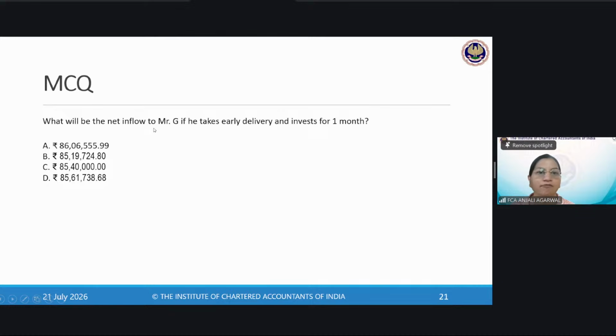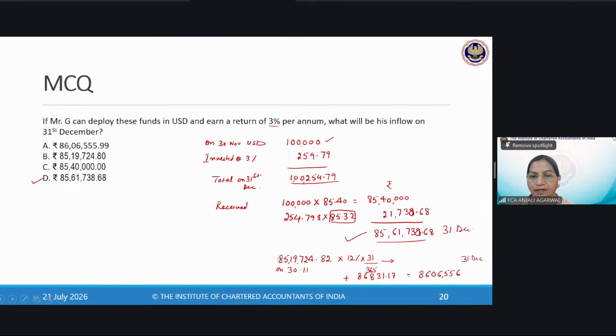So what is the inflow to Mr. G if he takes early delivery and invest for 1 month? 85 lakh 19,724.